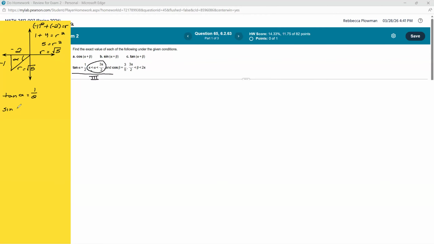So now we know that sine alpha is just going to be -1 over the square root of 5, or negative square root of 5 over 5. And cosine of alpha is just going to be -2 square root of 5 over 5.